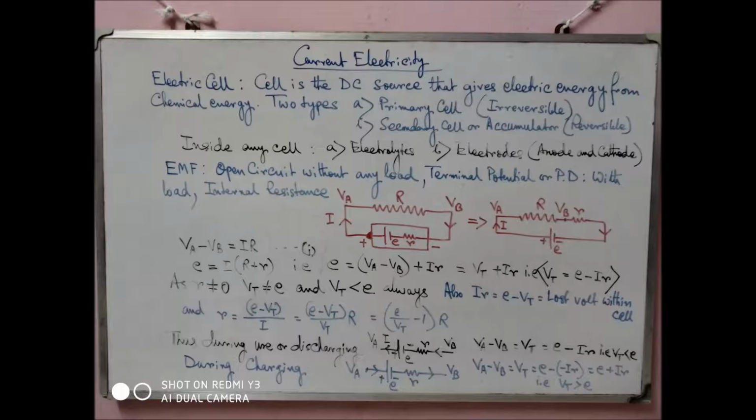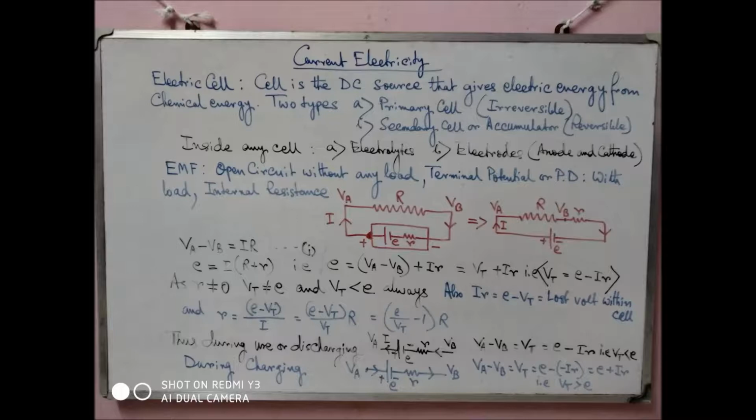That means a cell normally sends current from positive to negative, but here it is just opposite. The current is coming from another source to the cell, enters the positive terminal and then goes out from the negative terminal. That is, this lower current is just opposite to the upper one.